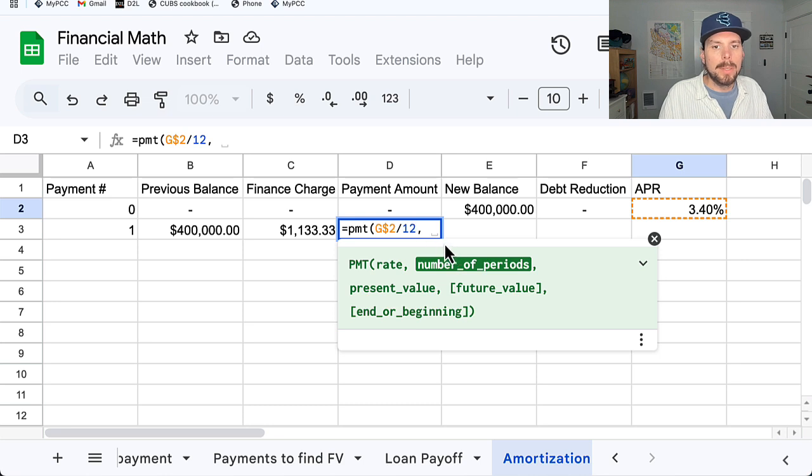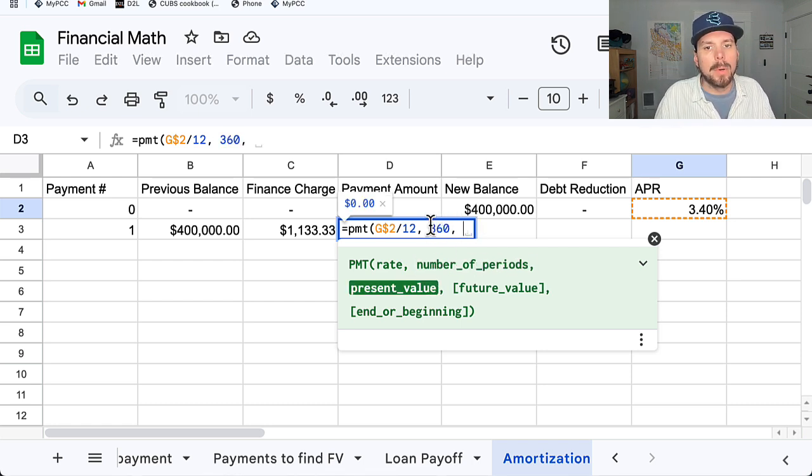Number of periods. Oh, it might actually be good to have a seed for that. Although if we do monthly payments for 30 years, we could just put in a 360 for that, as long as we're always doing that same type of loan. The future value is 0. And the present value is the new balance.